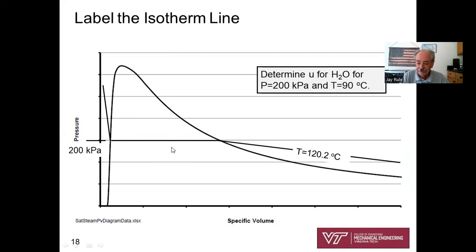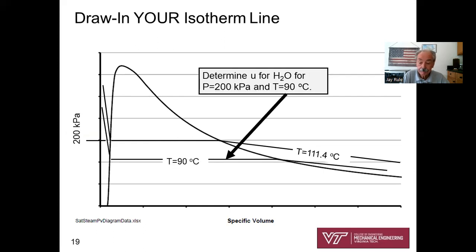Where does our temperature fit relative to this isotherm line? I hope you're catching on. Well, 90 degrees is less than 120. So let's draw in an isotherm line below the boiling point.